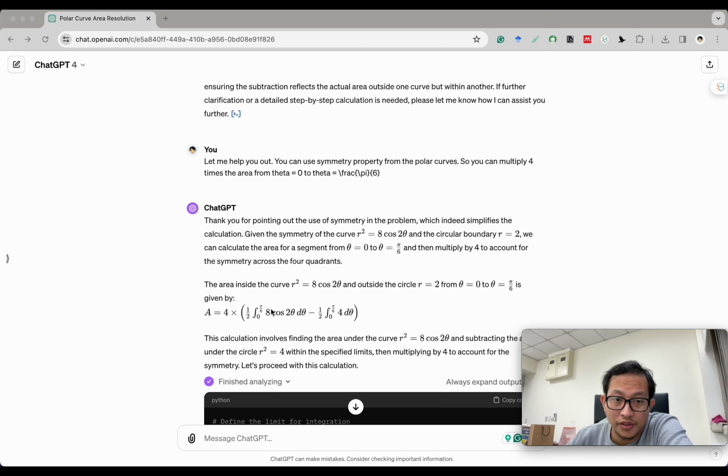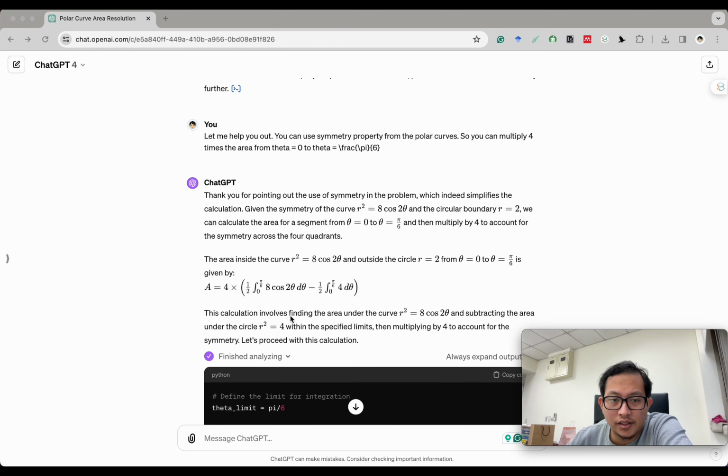First you need to figure out getting this 0 and pi over 6 in the integrands, and then write these subtractions: the r squared for the lemniscate from 0 to pi over 6 minus the r squared for the circle, r equal to 4. So this is basically a sector, from 0 to pi over 6. You can imagine a sector like a slice of pizza.